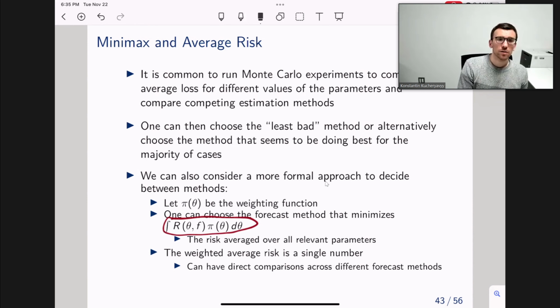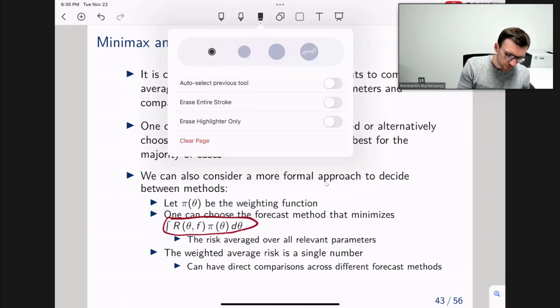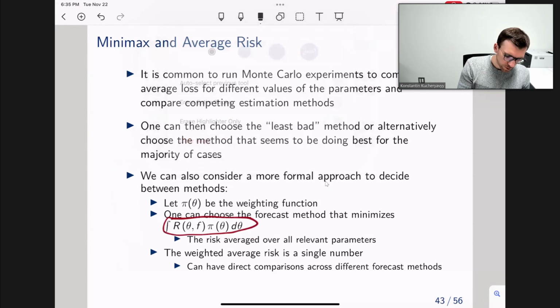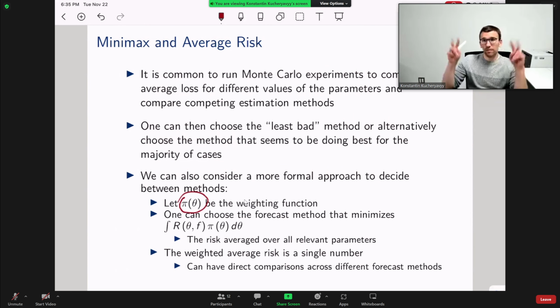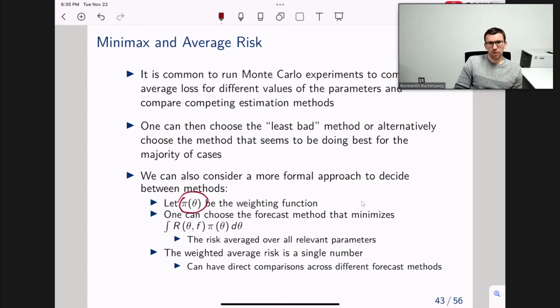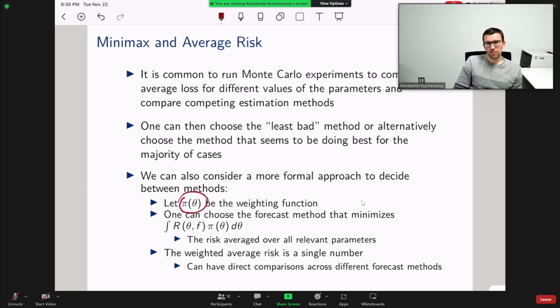Bayesian methods don't come without a cost. You need to decide about your weighting function, which is the prior in the Bayesian methods. But on the other hand, you kind of need to decide on your prior in the frequentist approach, kind of, but not exactly.